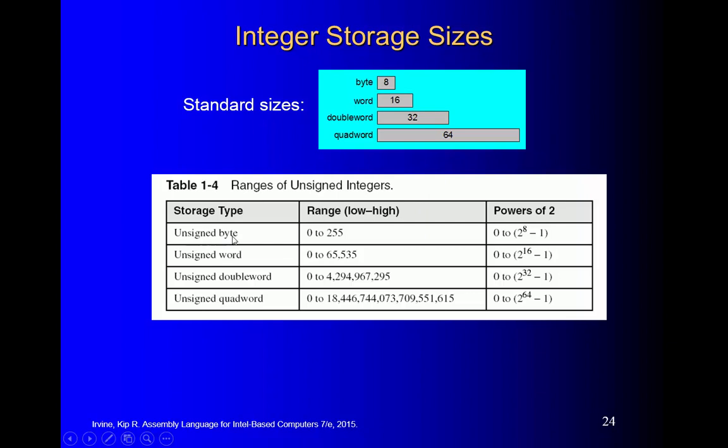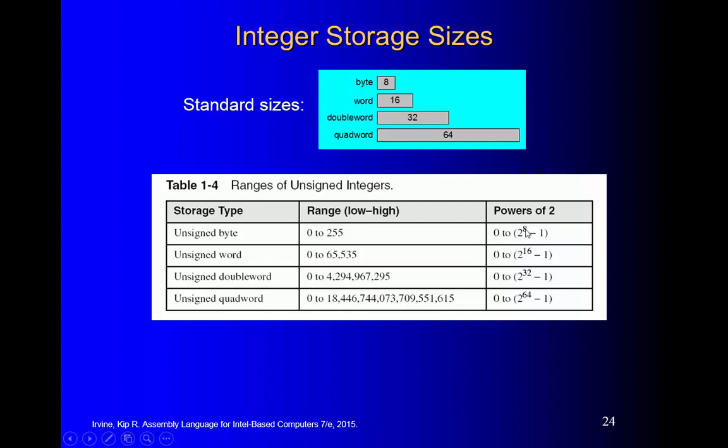For unsigned byte, that means positive or zero numbers. The largest number you can put into a byte, using 8 bits for storage, is from 0 to 255. This is the equivalent part.